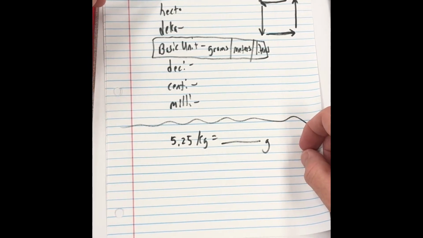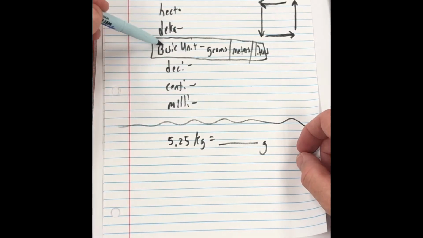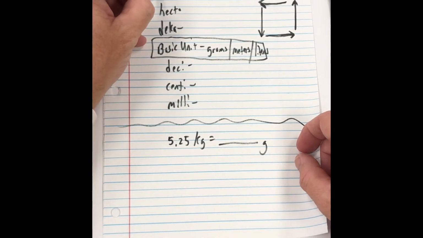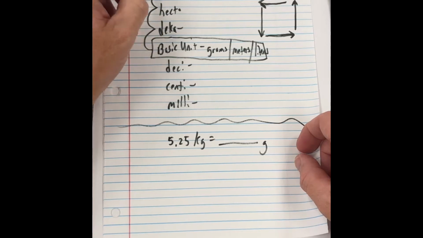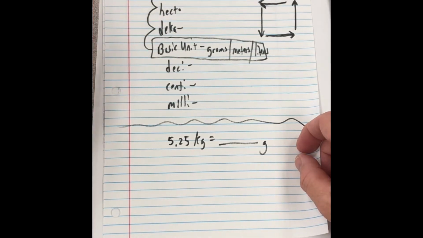Kilograms. Kilo would be here. Grams is your basic unit. I always tell students, make loops when you move from one unit to the other. So 1, 2, 3. The reason you want to make these loops is so you can go back and count how many spaces you're going to need to move your decimal. So 1, 2, 3.